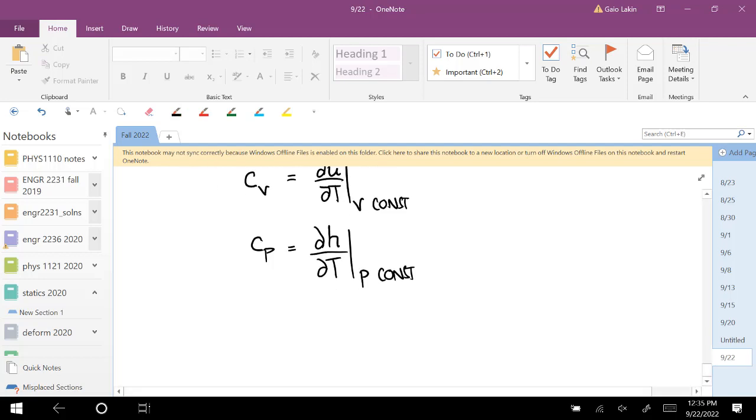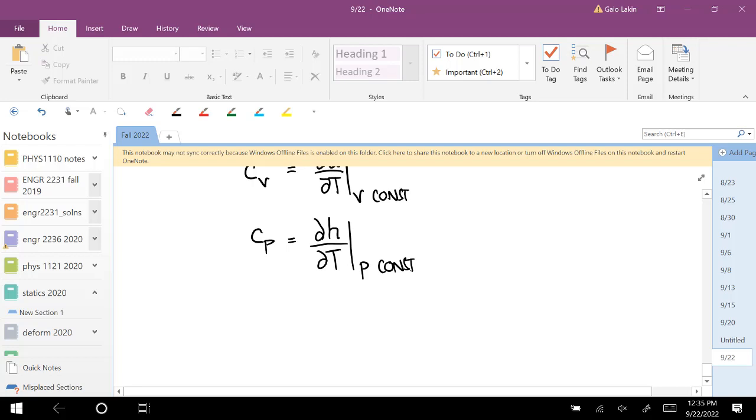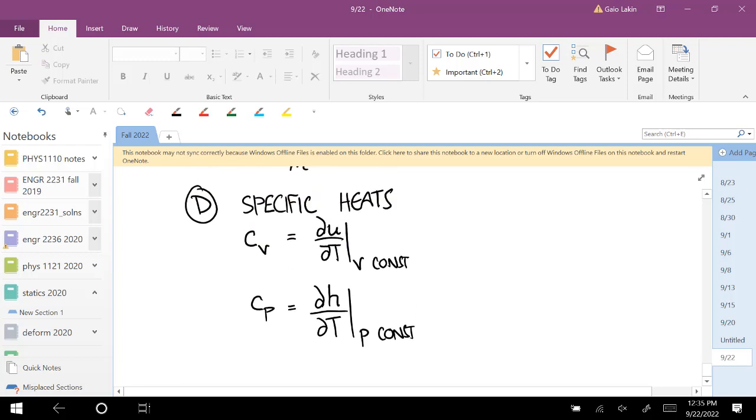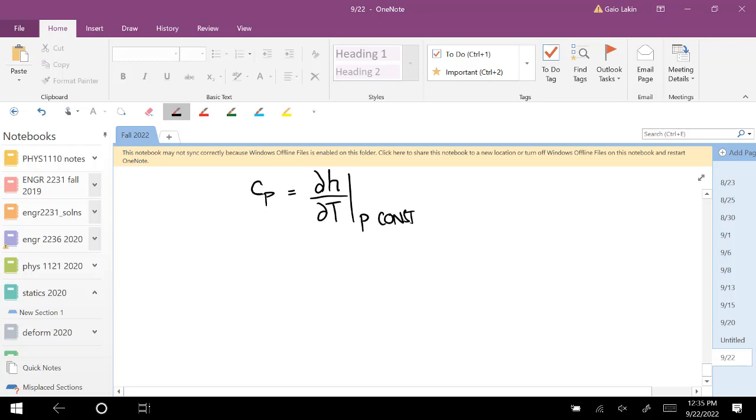And then the last thing we talked about in this section on material property relationships was the simplified material models.